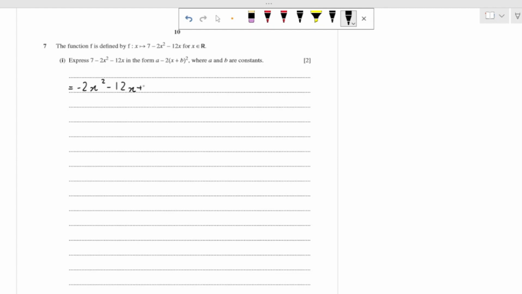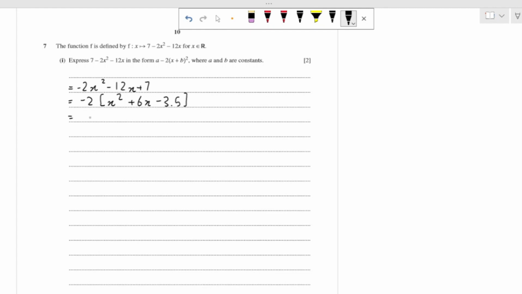It's always a best practice to first of all rearrange it so that x square is the first term. Now the first thing we're going to do to bring it in the completing the square form is that we're going to take out the common. The common in this case was minus 2. So when we take out common from all three terms, we're left behind with x square plus 6x minus 3.5.